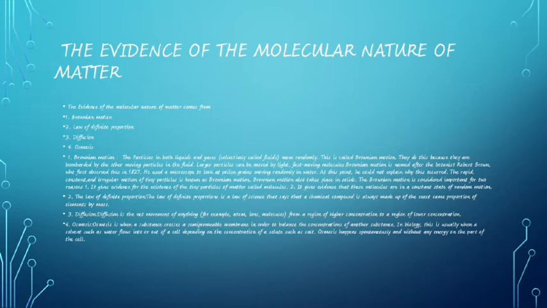What is Brownian motion? Brownian motion is named after a scientist called Robert Brown. What this man believed was that all particles in both liquid or gas are always in random motion.